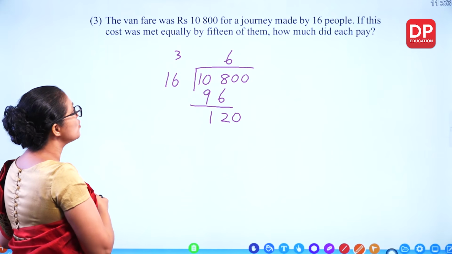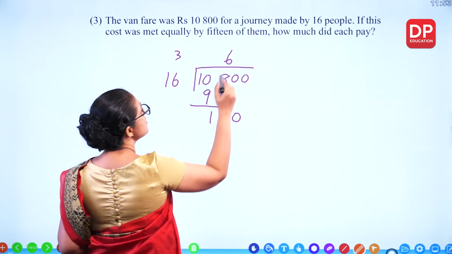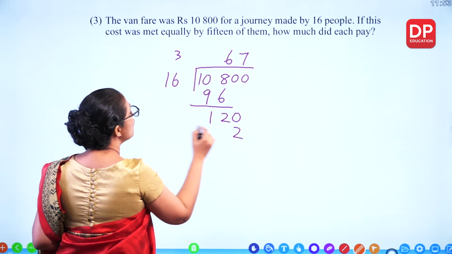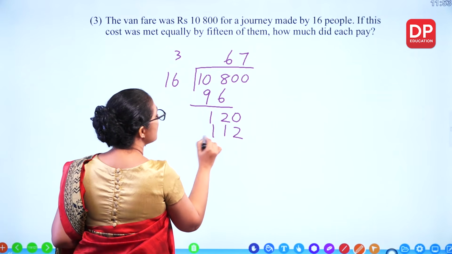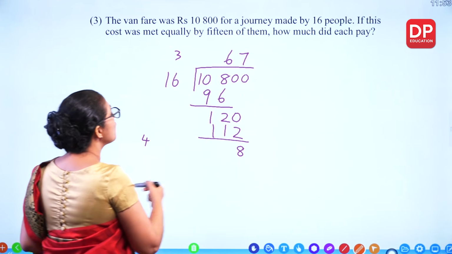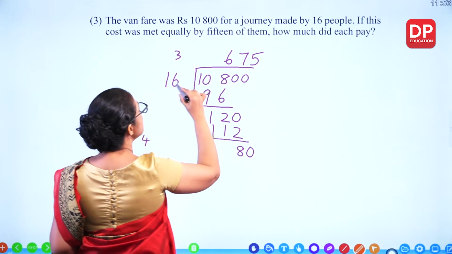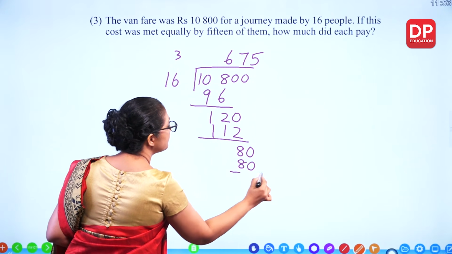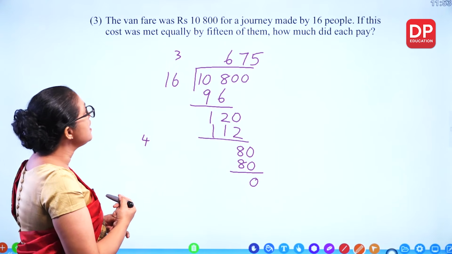If we put 8, it's more than this, so this is 7. 7 times 6, 42. 4 remaining. 7 times 1, 7 plus 4, 11. Subtract now, you get 8. For 80, that's 5. 5 times 6, 30. 3 remaining, and this is 8. So the remainder is 0, meaning you can divide equally.